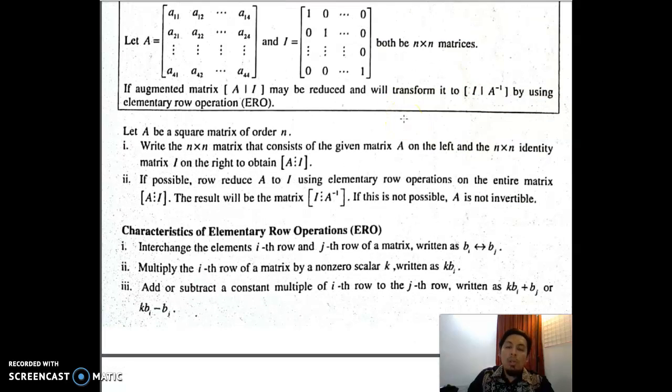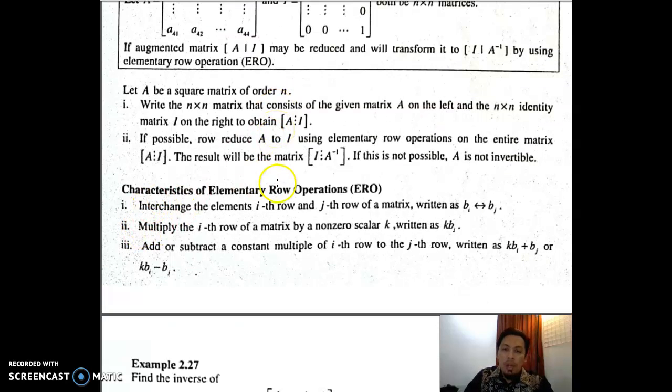Okay, so in order to do that, we are going to manipulate the values inside the matrix to change them into 1 and 0. To do that, there are certain rules that we need to follow. This is the characteristic that we need to abide by in conducting ERO. So let us first check.